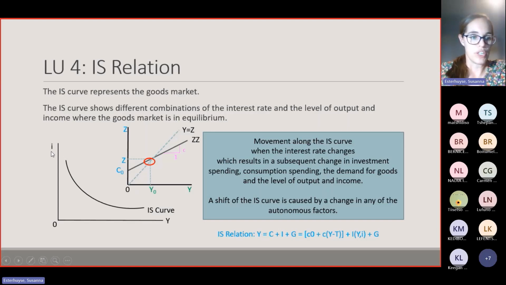So when your interest rate changes, through this relationship, you will move to different points on the IS curve. A shift of the IS curve will happen if any of the autonomous factors changes.